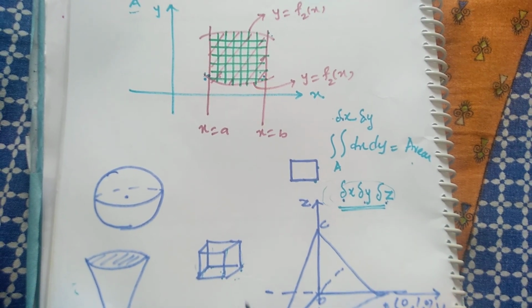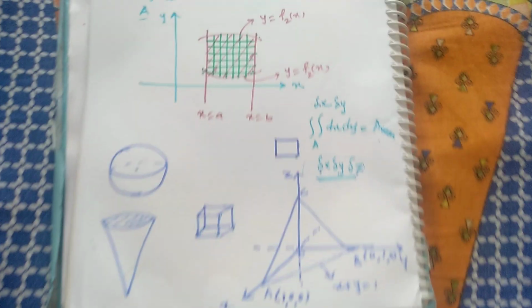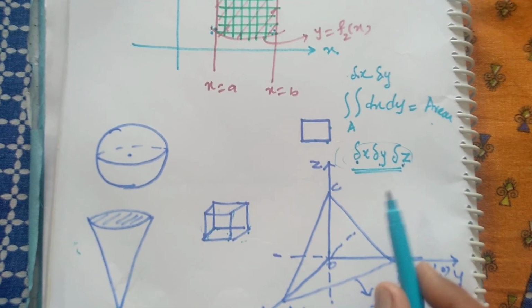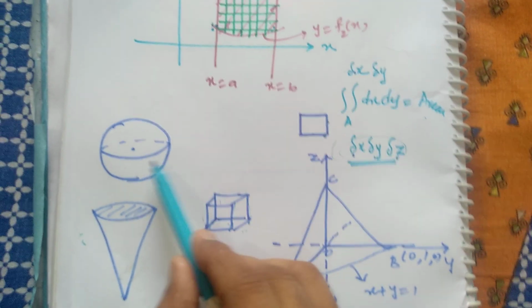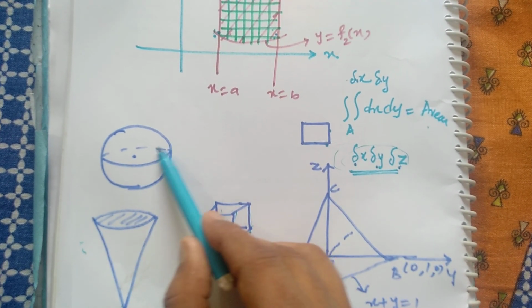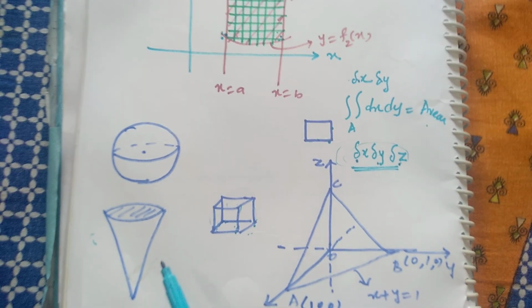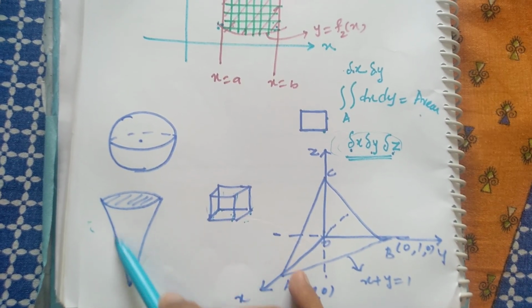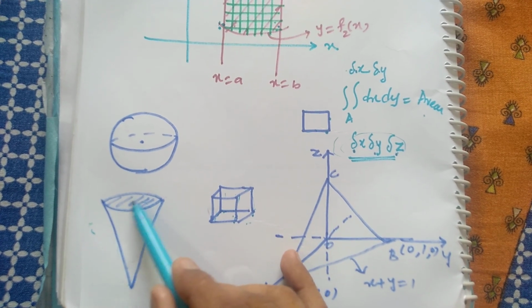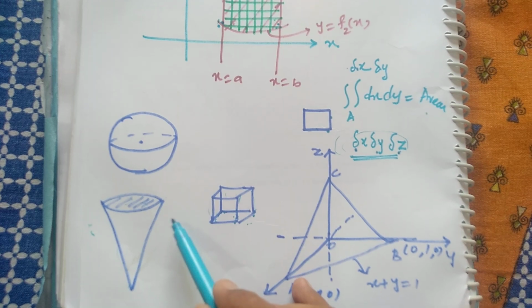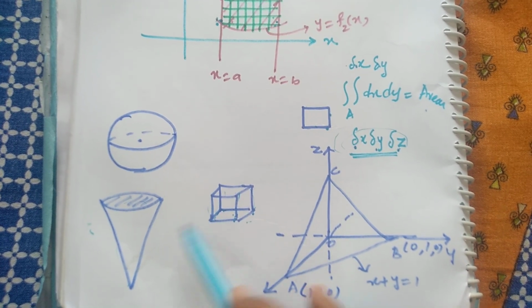But in general, if you want to find the volume bounded by any closed surface in three dimensions, there are some standard closed surfaces, like the sphere. The volume bounded by a sphere is 4/3 pi r cube. We have the volume bounded by a cone, whose upper open face is bounded by a plane: it is 1/3 pi r square h.